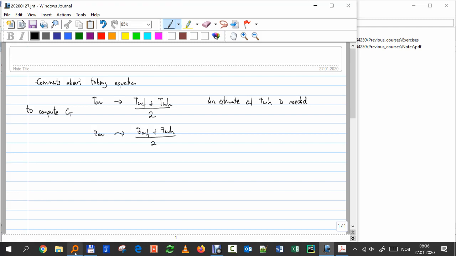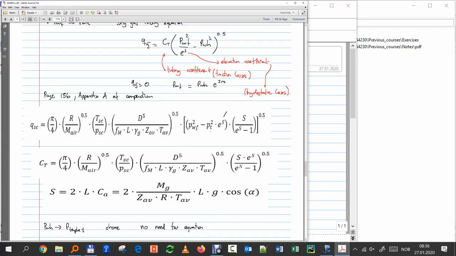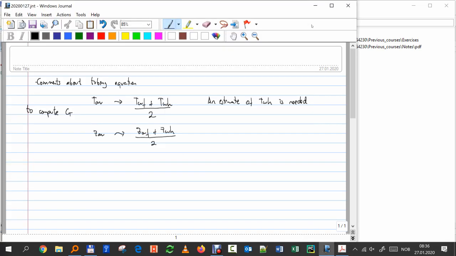Another thing I want to call your attention to, all the rest is relatively constant. The tubing diameter, pressure, the S has the same complexities. The other thing worth noting is the friction factor, FM, the Moody friction factor.